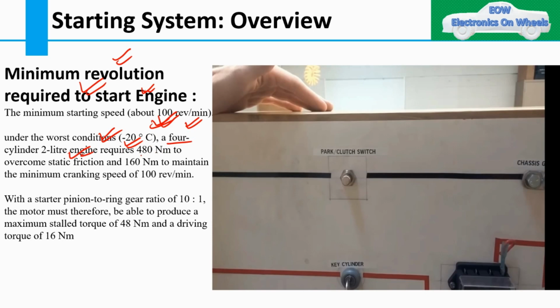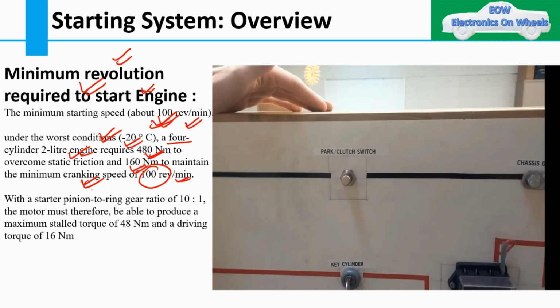How much static friction does it require? That is 480 newton meter to overcome this static friction, and then to maintain the minimum cranking speed of 100 revolutions per minute, 116 newton meter is required. This is the minimum requirement for the 4 cylinder 2-liter. For this data, I am going to see the starter motor requirement.